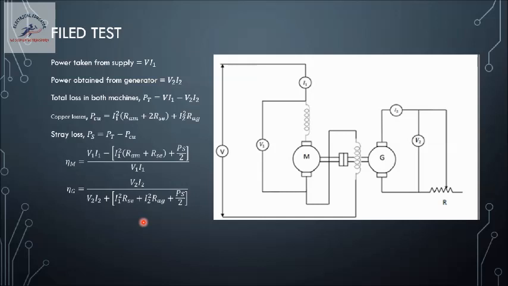So to perform this test, a lot of supply is required, but there are no other economical ways to test a DC series machine. So it is a hard and fast rule that we have to go with this method only to test a series machine. So next one is the retardation test.